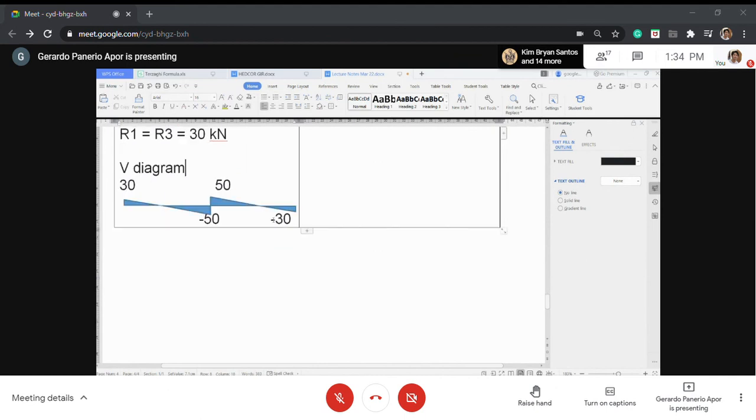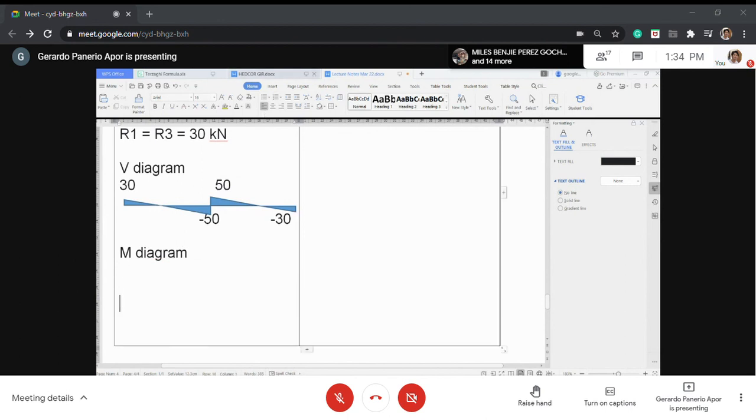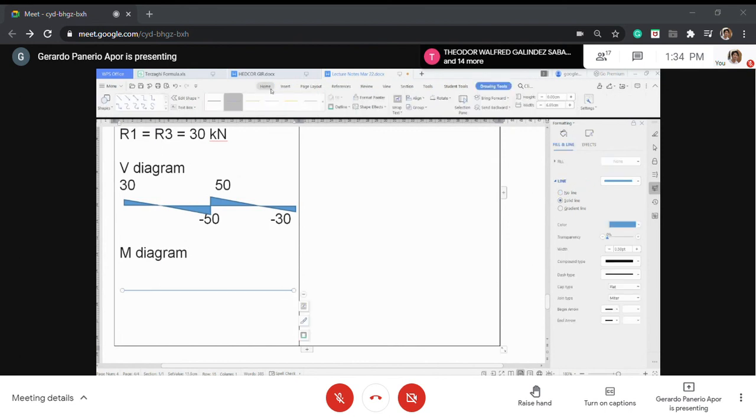Now, the moment diagram might be like this. One line, I put a line here. So this is the shape.